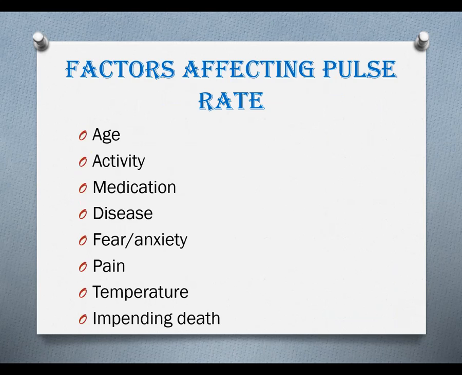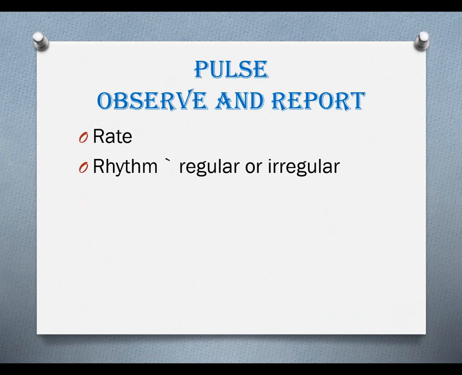So does pain, temperature, and impending death. When somebody is approaching death, the pulse will be very low. So you will need to observe and report pulse if it's high or low, and if the rhythm is regular or irregular.